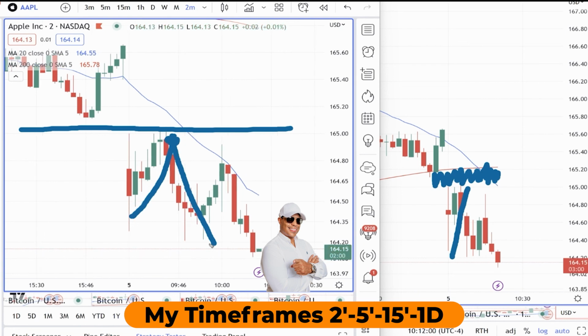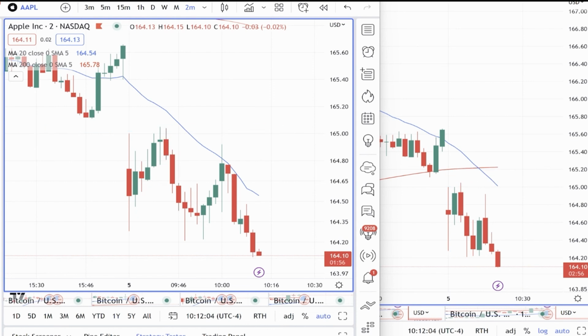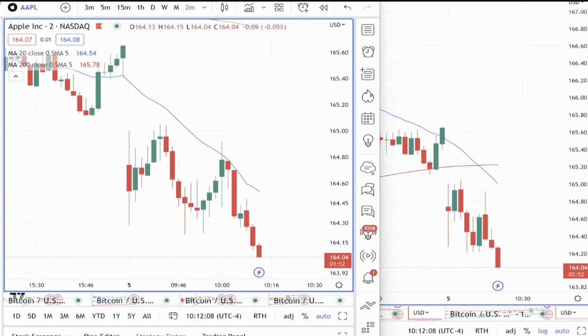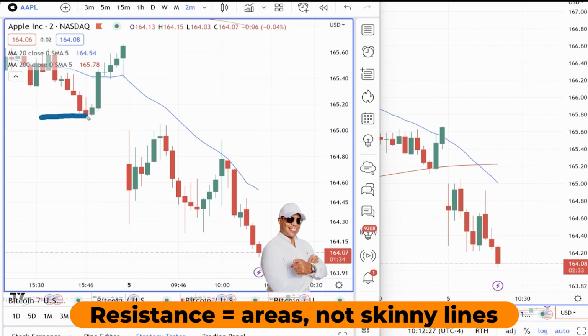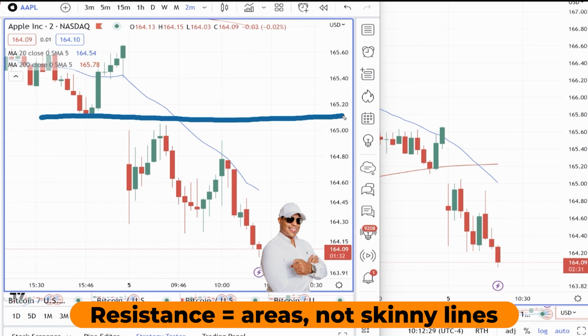Now, the thing that I always have to keep reminding traders of, because I see this mistake too often, is that you demand the market to be too specific, and you can't do that. It's got to be good enough. It's got to be an area. So you can't say, well, Apple didn't quite get up to its resistance.